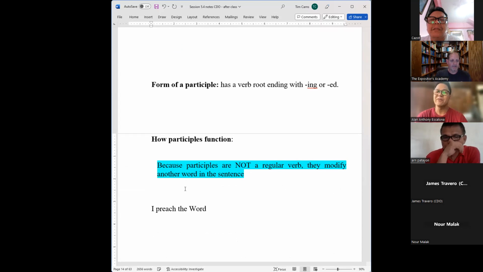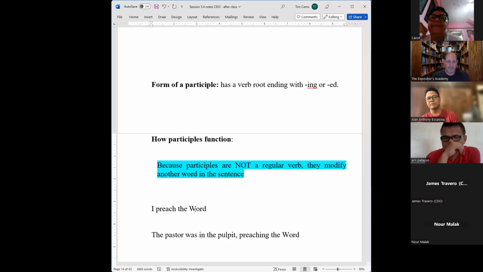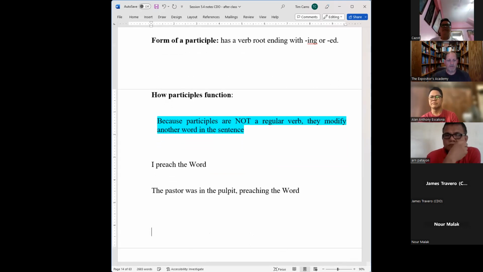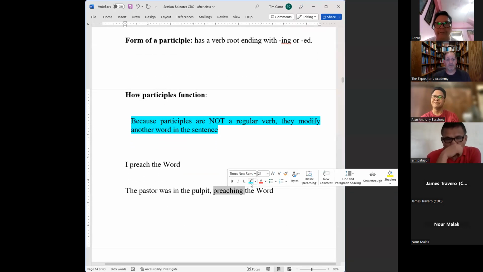But if I were to say, the pastor was in the pulpit preaching the word. Okay, now here, preaching, notice it has the form of the participle.